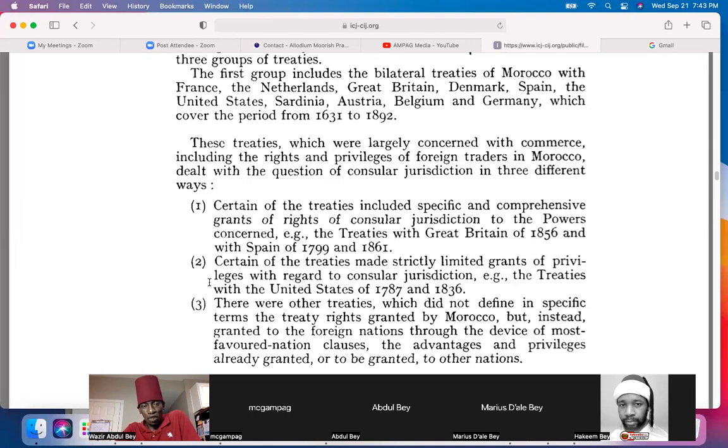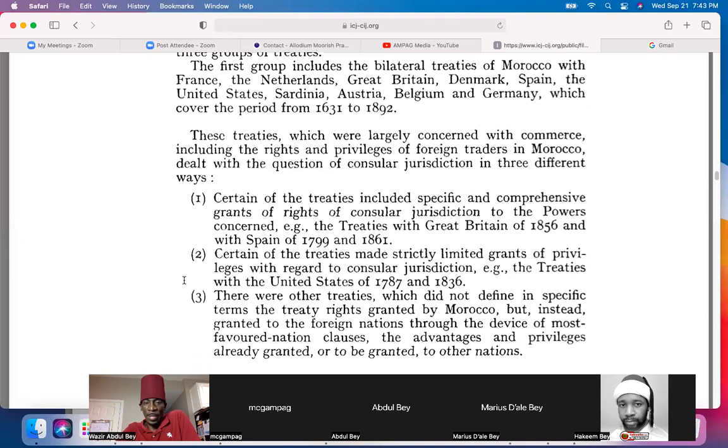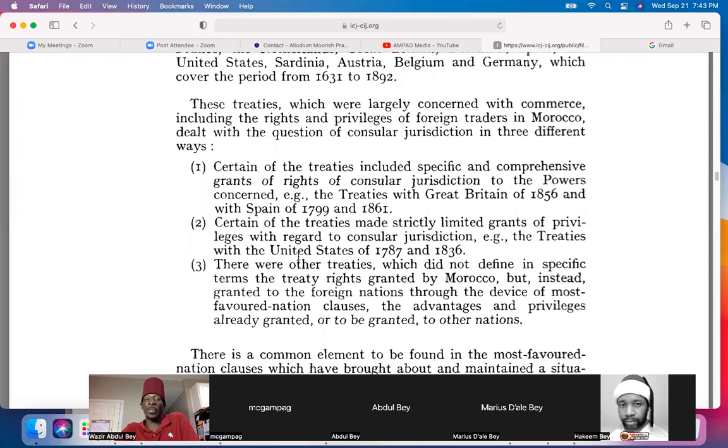Okay, indeed. All right. And then, it says certain of the treaties made strictly limited grants of privileges with regard to consular jurisdiction. So the United States, through these treaties, has limited grants of privileges with regards to consular jurisdiction.